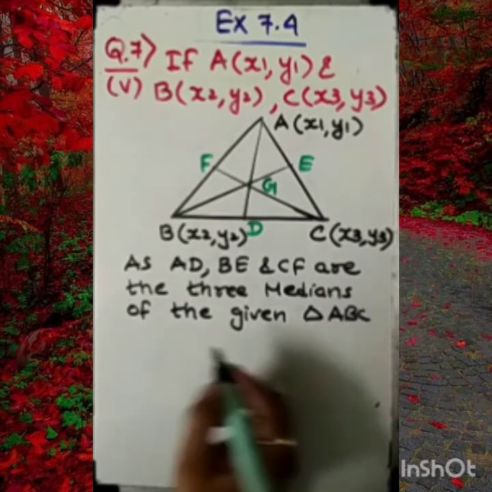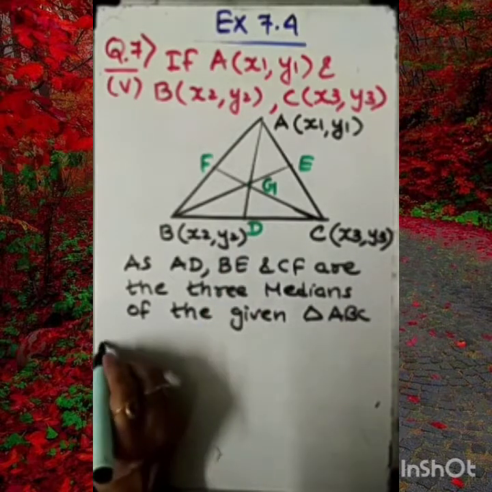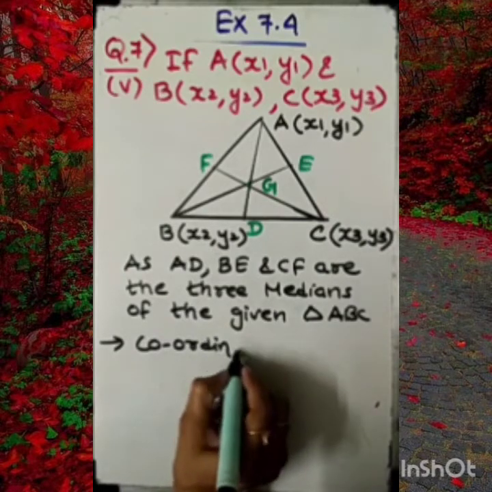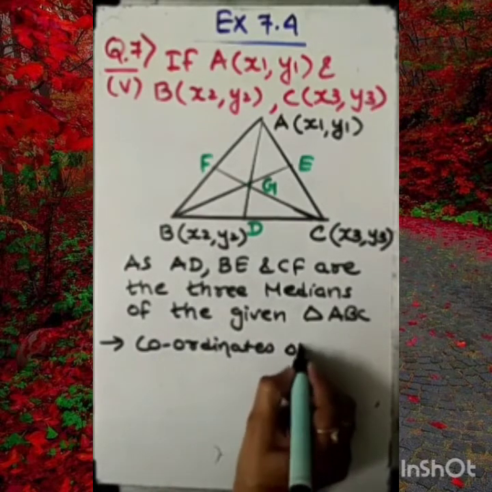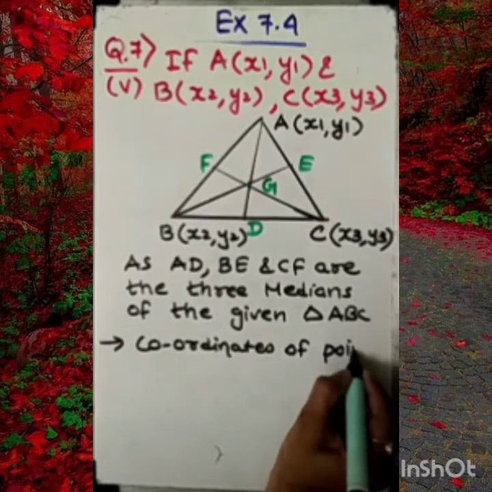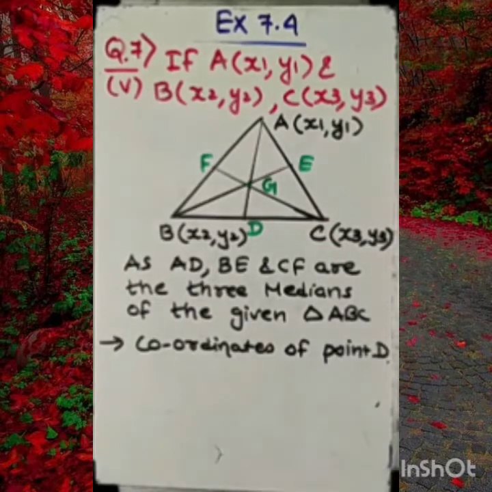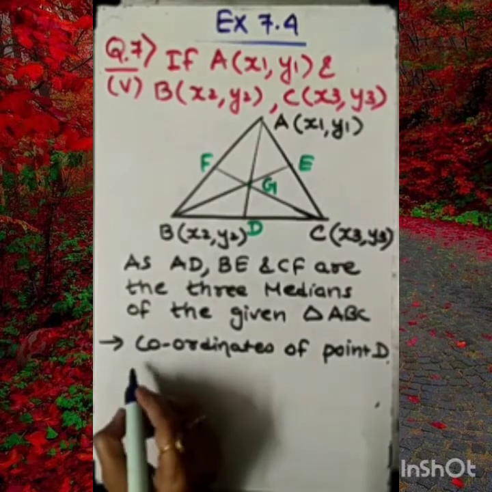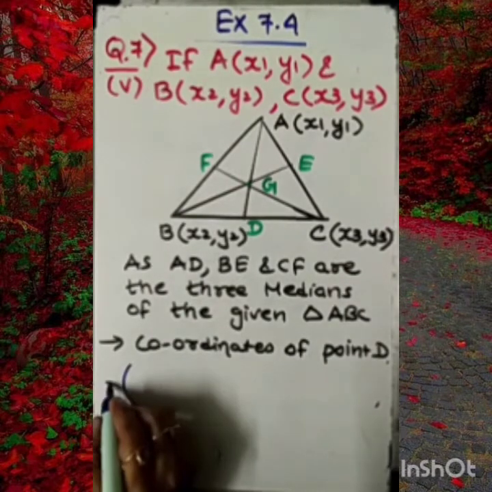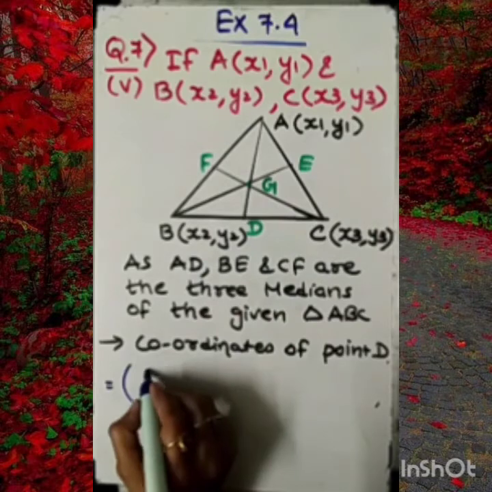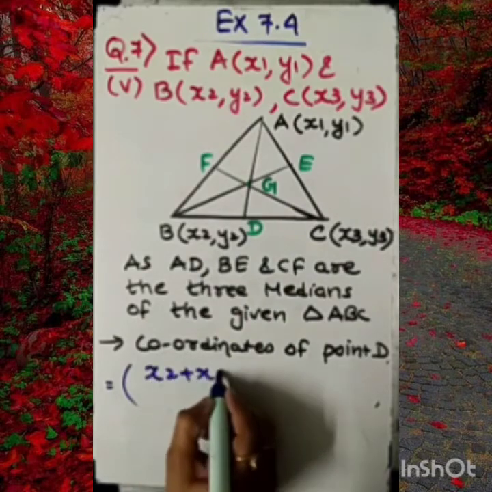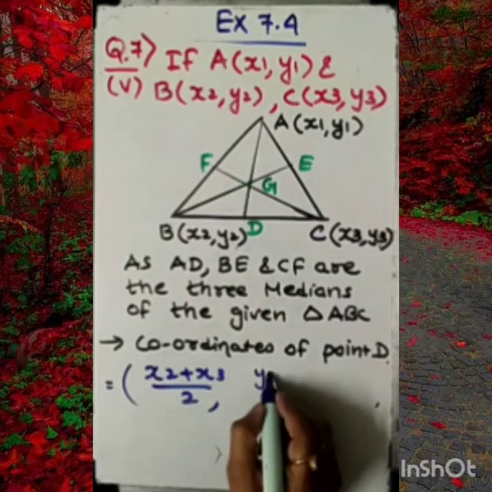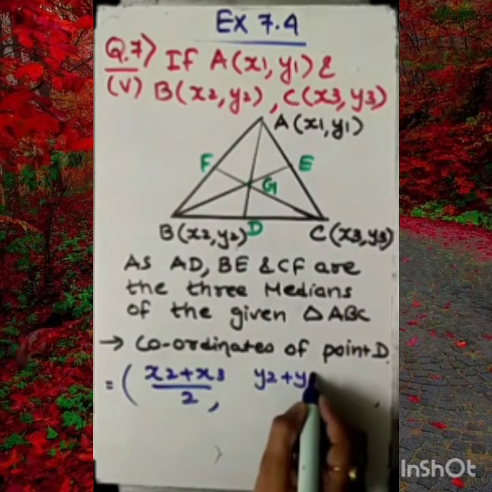Got it? Now we are working upon the coordinates of D. So let's move with that. Coordinates of point D, very easy. How to find coordinates of D? Very simple. We need to write x2 plus x3 divided by 2, y2 plus y3 divided by 2.